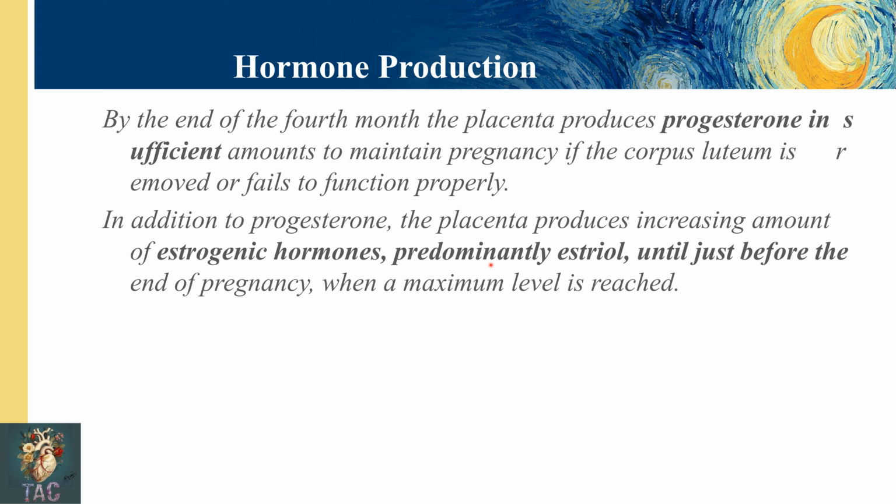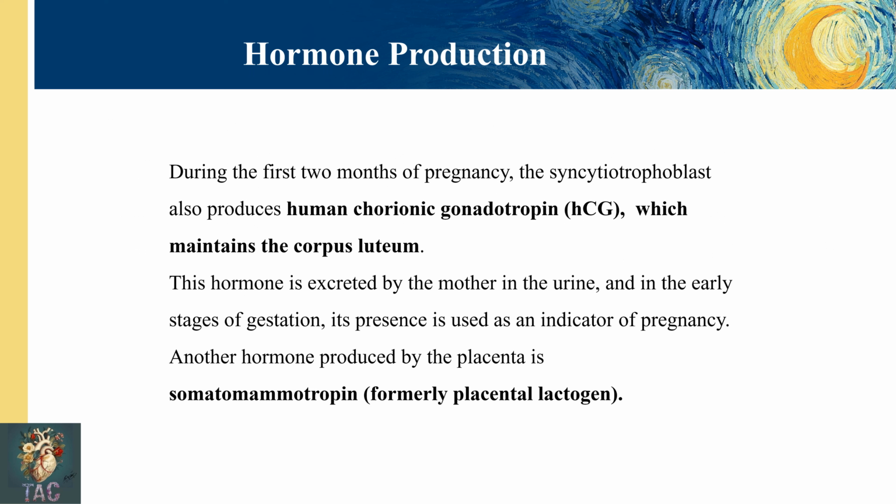In addition to progesterone, the placenta produces increasing amounts of estrogenic hormone, predominantly estriol, until just before the end of pregnancy, when a maximum level is reached. It also releases human chorionic gonadotrophin and human placental lactogen. During the first 2 months of pregnancy, the syncytial trophoblast produces human chorionic gonadotrophin, which maintains the corpus luteum.